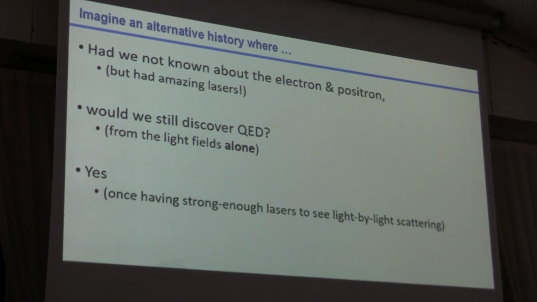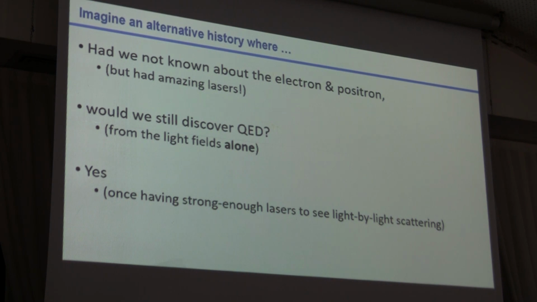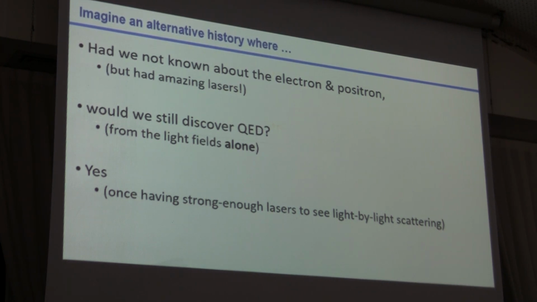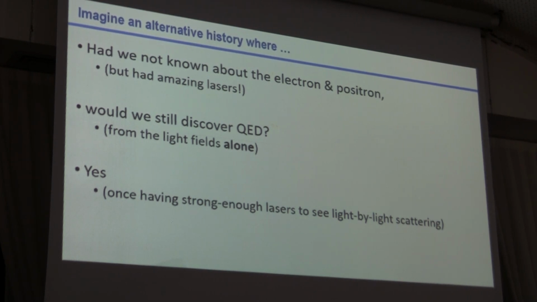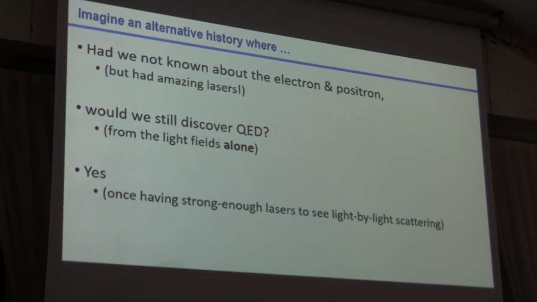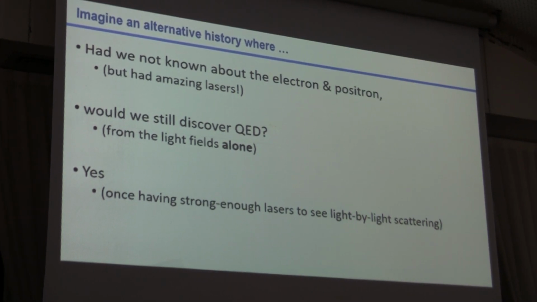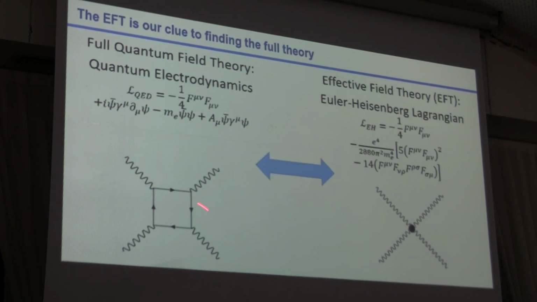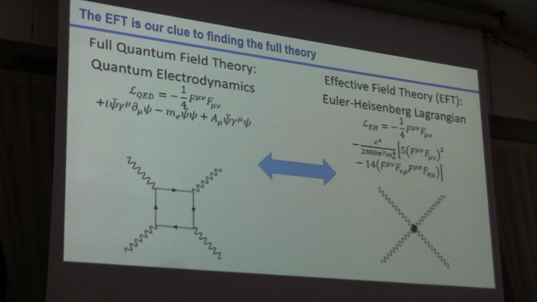And I want to say yes, because once having strong enough lasers to see light by light scattering, we would start getting clues about something that has to hide in there, that has to mediate between photons. We normally think about mediation between electrons and blame the photon for that, but it's actually also the opposite. There is an interaction between photons, right? Photons have a pretty minute chance, if they're in optical frequencies, to create electron-positron pairs.